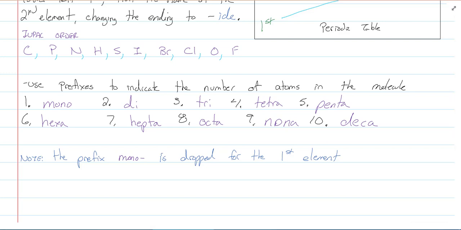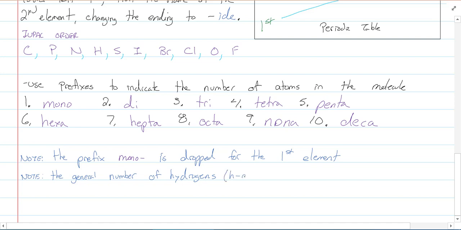The other note, and this one's more important to focus on because it won't be as natural as dropping mono, is that the general number of hydrogens, right?